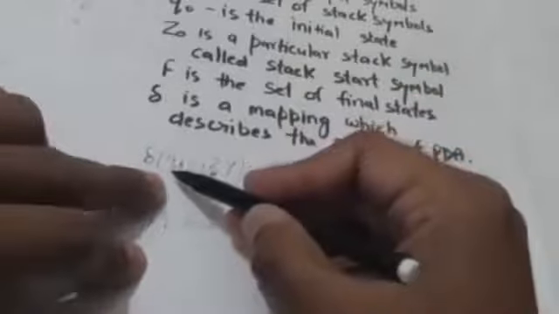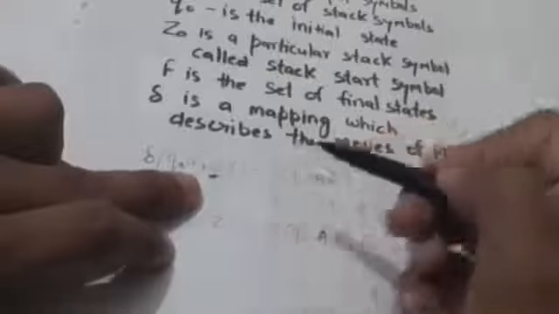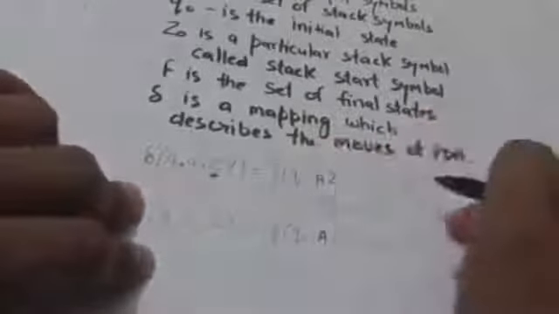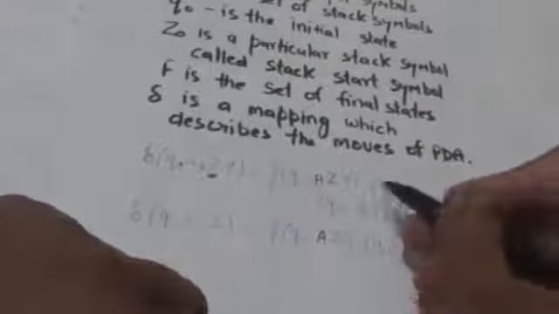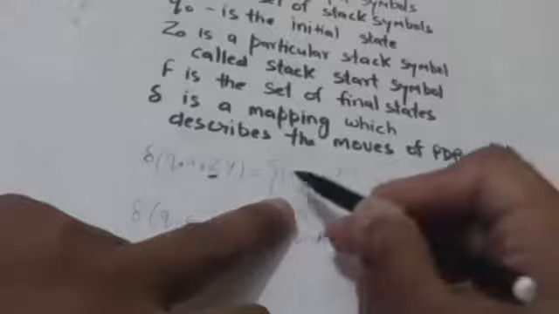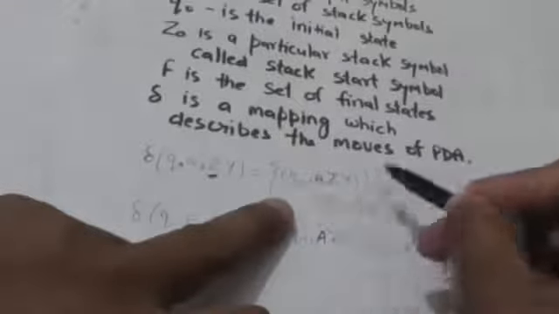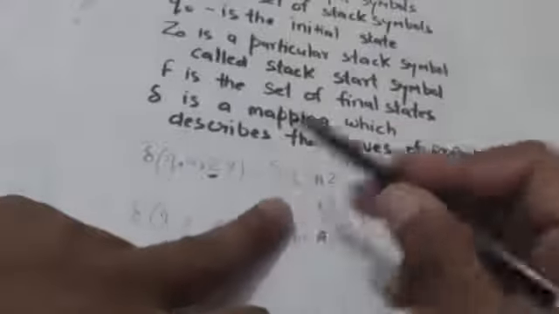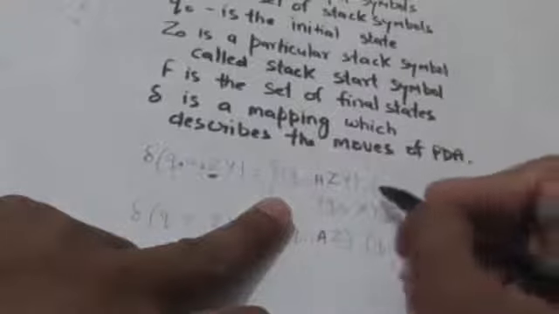Suppose the machine is in state Q, it reads an input symbol A and the top of the stack is Z, right? Now for this it has three options. It can either move to state Q1 and push an element A to the stack, right? It has two other options also.